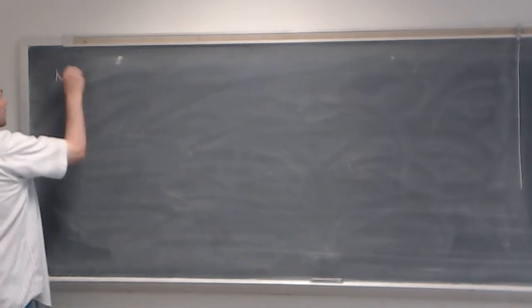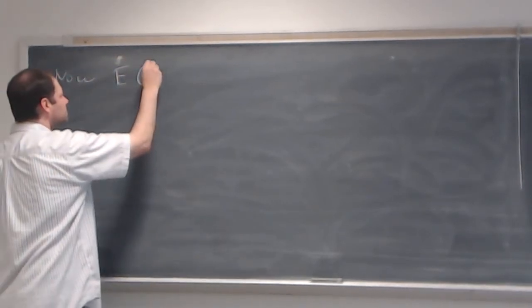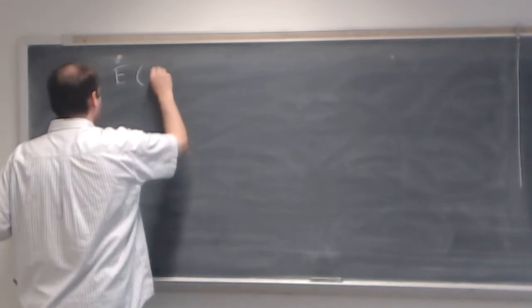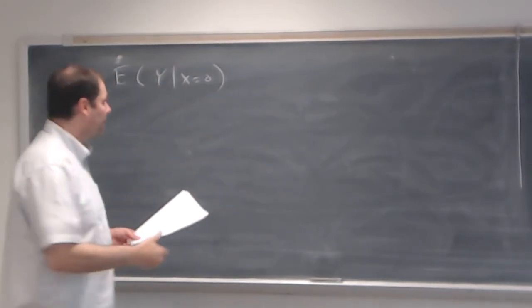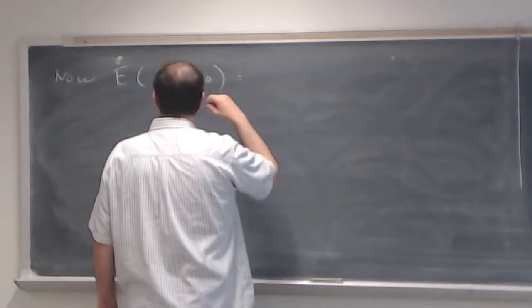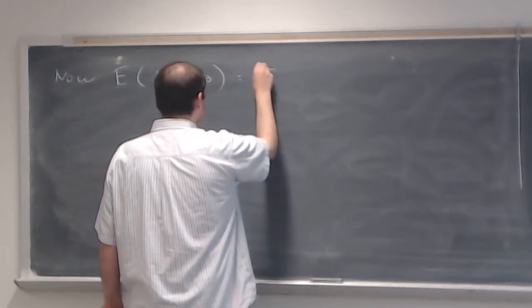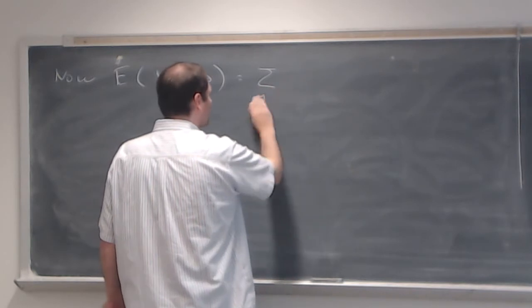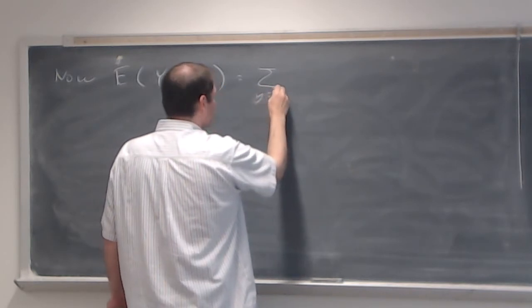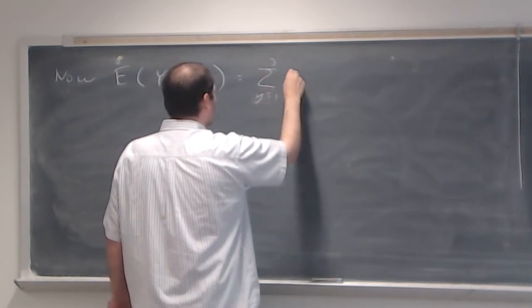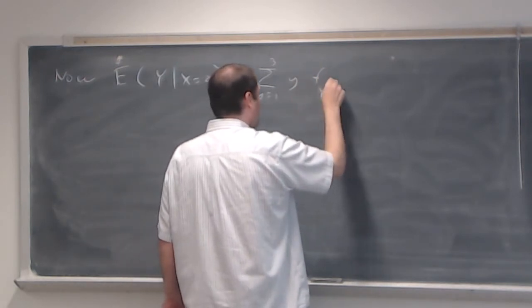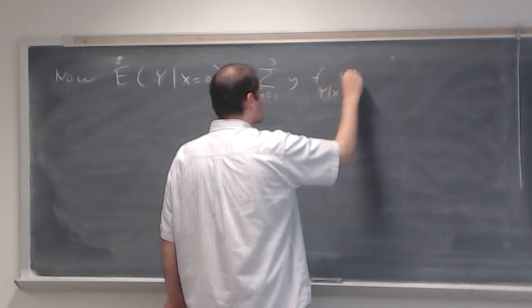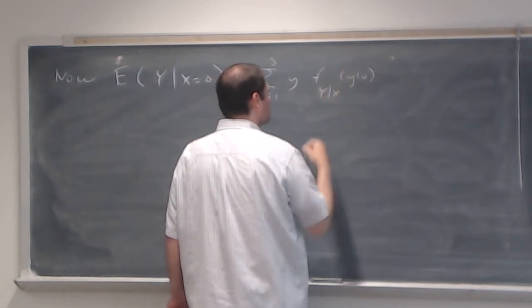Now, the expected value of y given x equal to 0, that's equal to, well, this is conditional expected value, so it's the sum over all y values. Well, what does y run from? It runs from 1 to 3 of y, and then here's the conditional PMF of y given x, but x is 0.